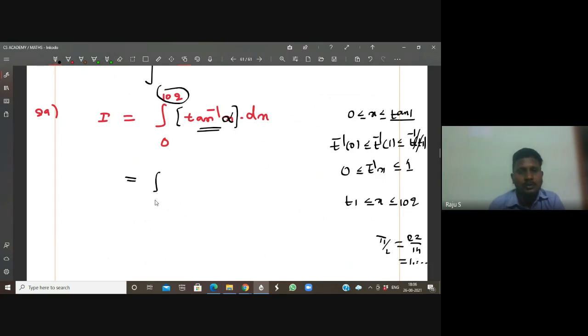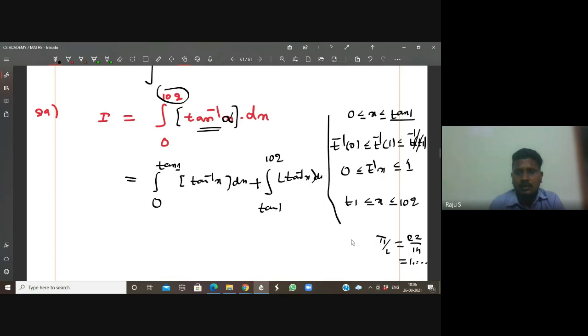Only 2 cases: the integral from 0 to tan 1 of tan inverse x dx, plus the integral from tan 1 to 1 or 2 of tan inverse x dx. Got it? The minimum value is 0, so from 0 to tan 1 this value is always 0.